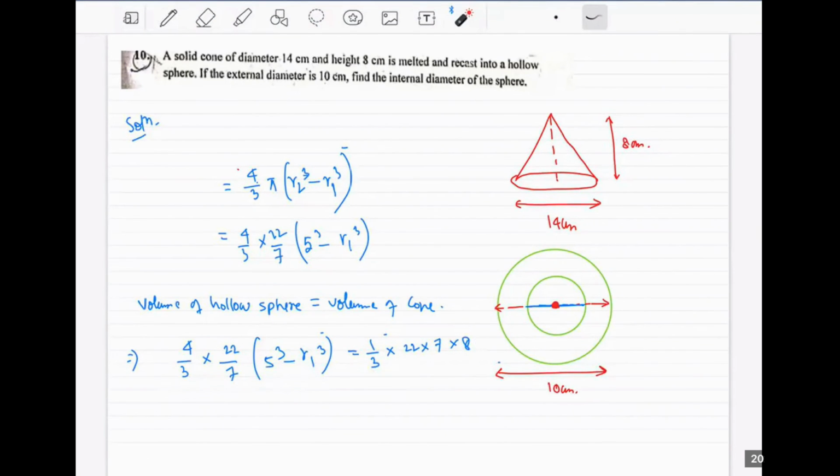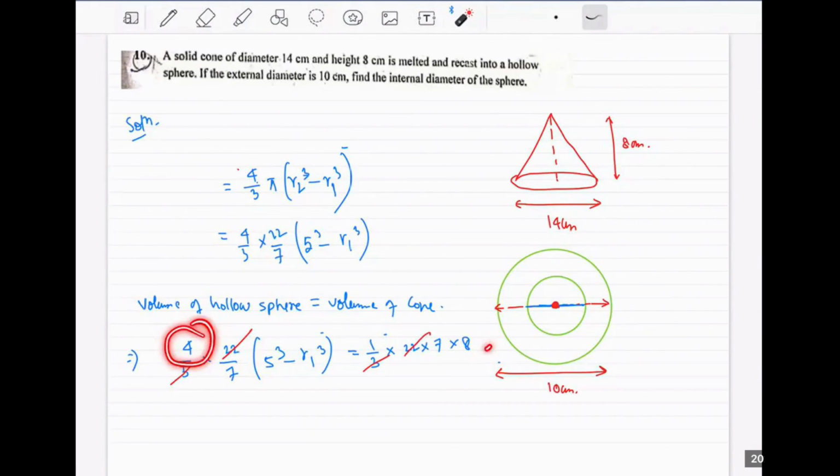Whatever is equal, time to cancel them out. Now 22 and 22 can be cancelled out. 3 and 3 can be cancelled out. You may think that 7 and 7 can be cancelled out also. No. If things are on the left hand side and right hand side, the equal ones, numerator, numerator, denominator, denominator can be cancelled out. One is denominator, one is numerator, so don't get any ideas.